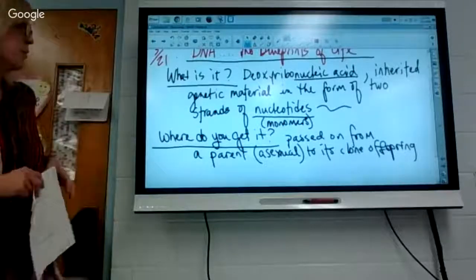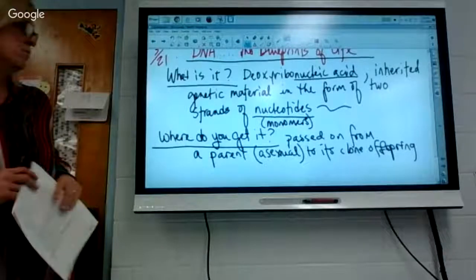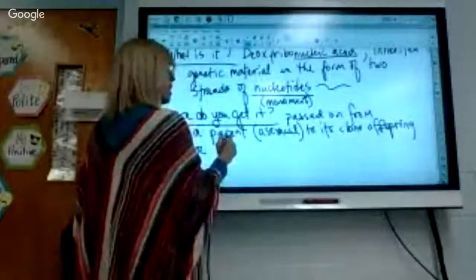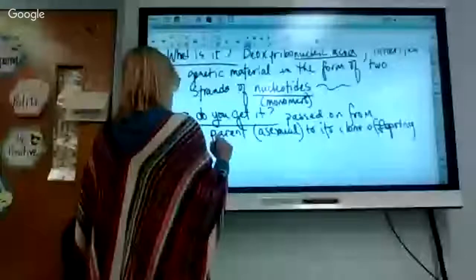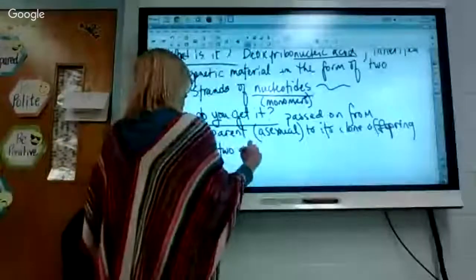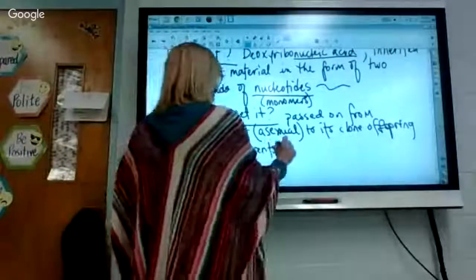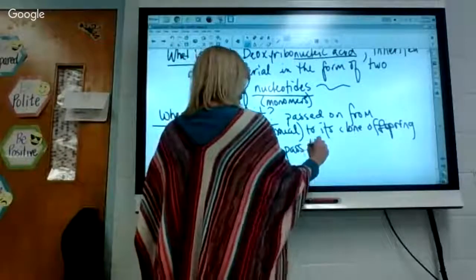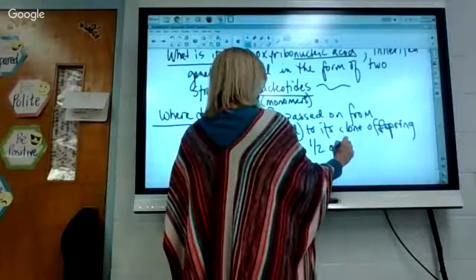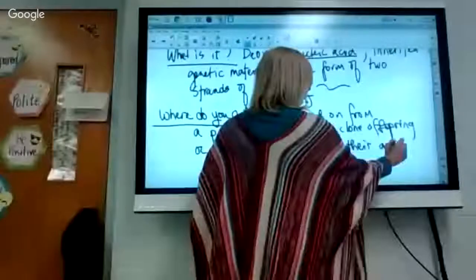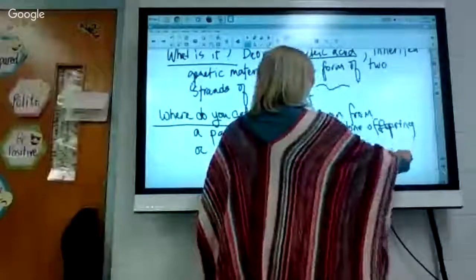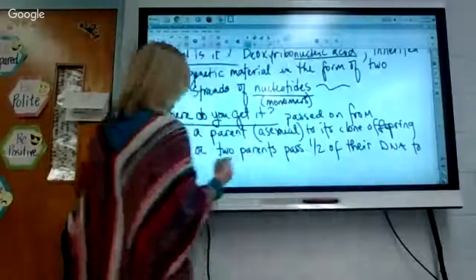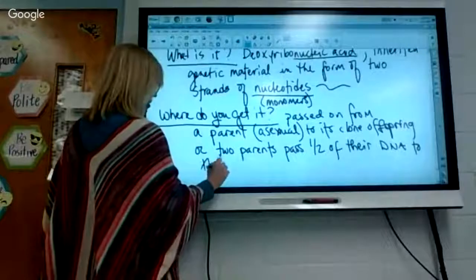So passed on from a parent, asexual, to its clone offspring, or to half of their genetic material, their offspring.